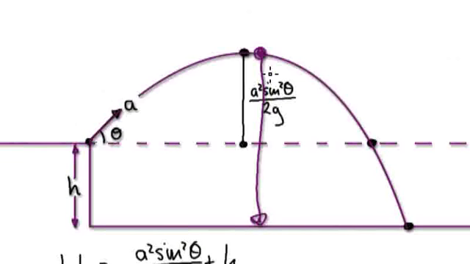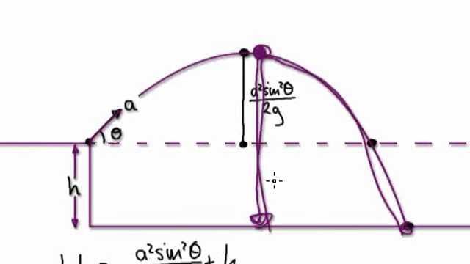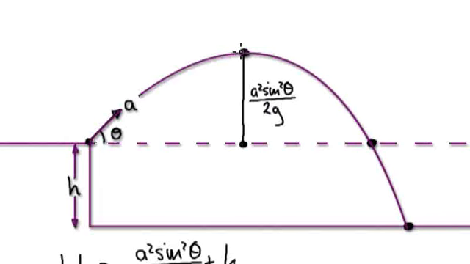What that represents is the time it takes for the cannonball to fall down here. You see, the cannonball falling down here will be the same as the cannonball falling down here. So now that we've got the time to get from here down to here, then we can add it to the time it takes to get to the maximum height.